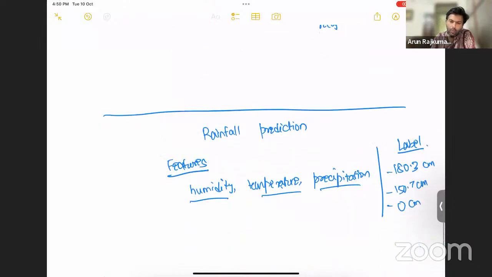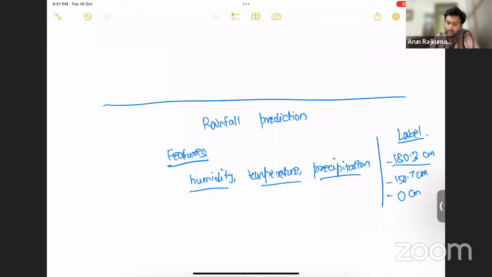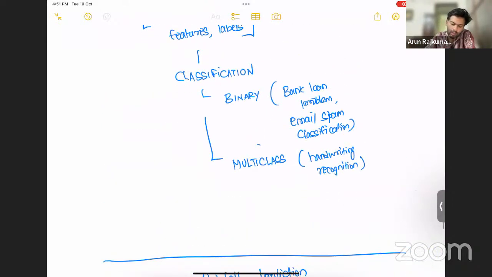Well, what are the possible choices for labels, right? So here the possible choices for the label was yes or no. Here it was spam or not spam. There are only 2 possibilities. Here it was 0, 1, 2, till 9. There are 10 possibilities, right?